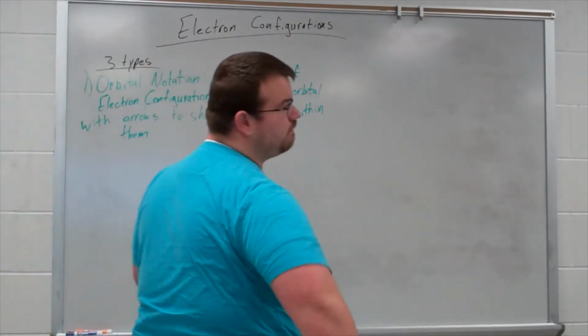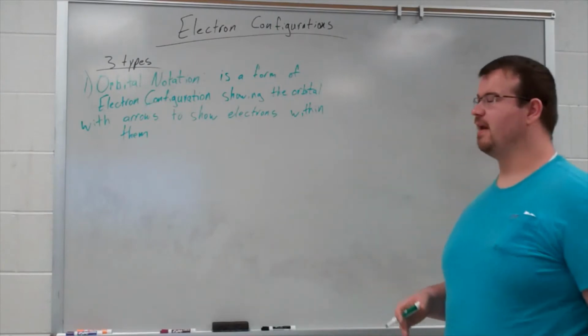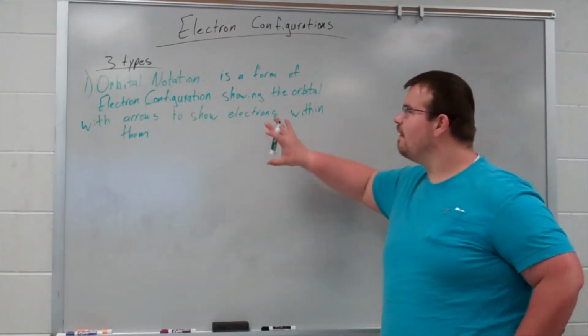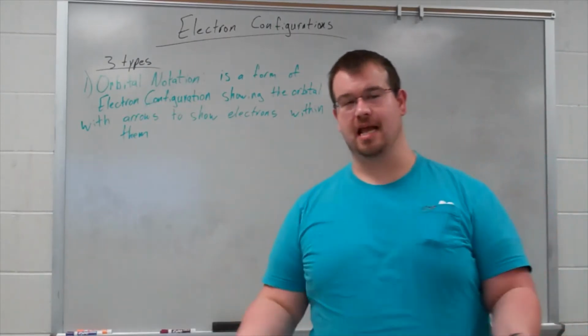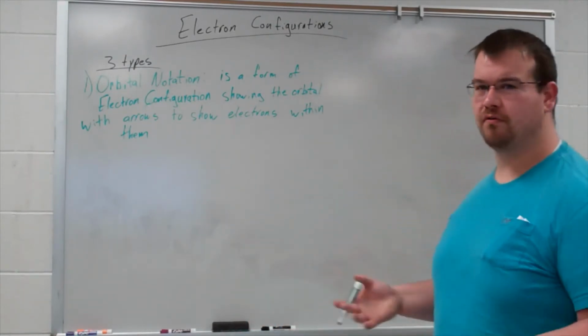I know this can be confusing, and I haven't taught you how to do this. It's coming up in this lesson, in this video, a little bit of how to do these, but whenever you're looking at this orbital notation, I just want to show you an example of what one of those will look like. Okay, so I'm going to show you one for sodium.